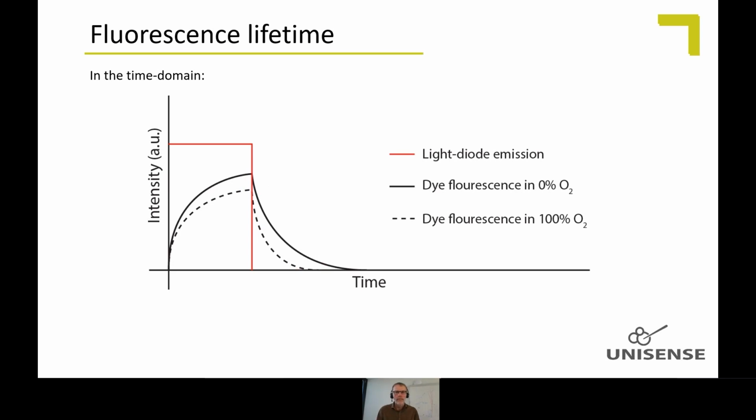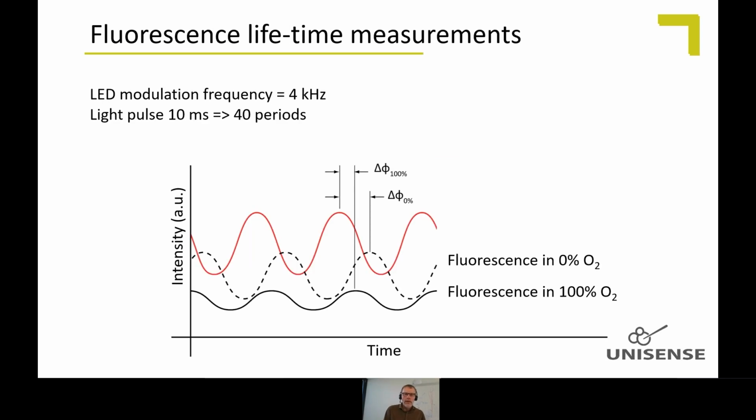The way it is done by the optical meter is that it sends out modulated light at a frequency of 4 kilohertz. So it sends short light pulses of 10 milliseconds, so with 40 periods like this. This is the red. The fluorescent light that comes back in the absence of oxygen, this is the one here. See, the peak comes back later than it was emitted. That makes sense.